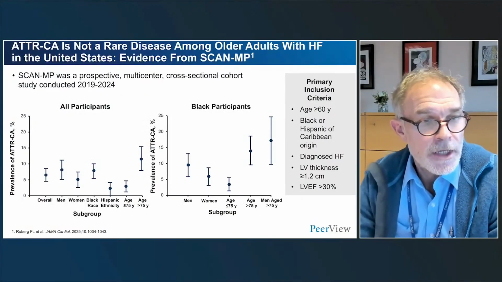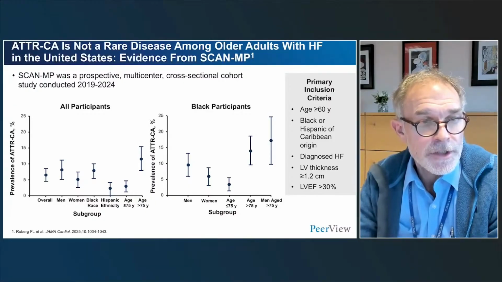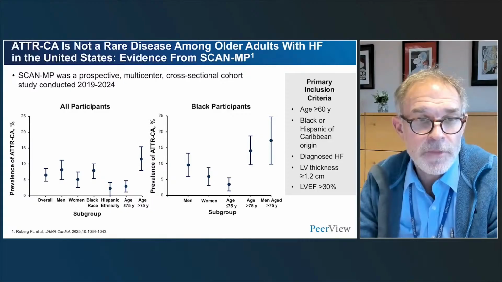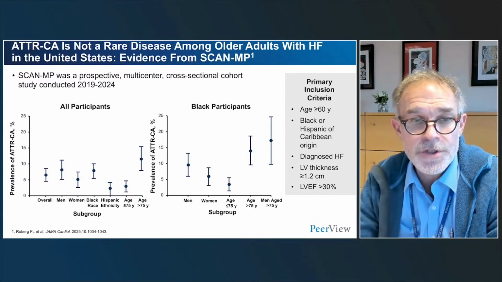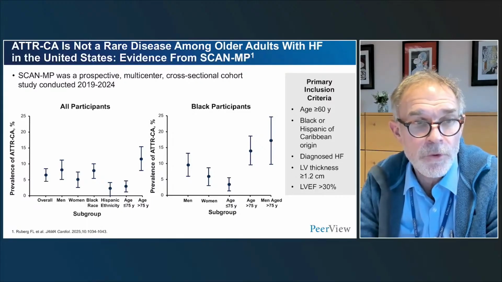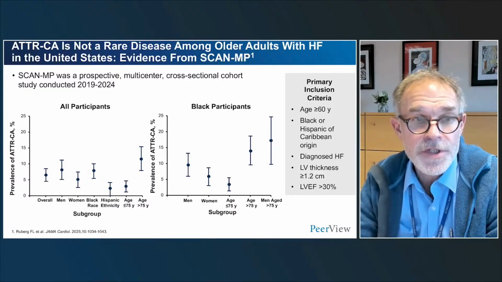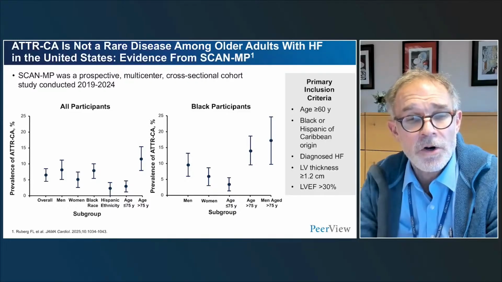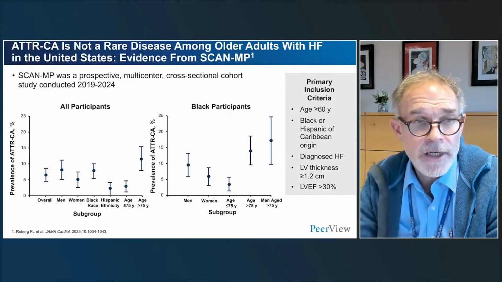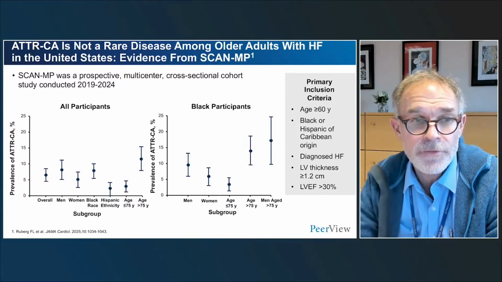So this is a study that was conducted by Dr. Ruberg, SCAN MP. It was a prospective multicenter cross-sectional cohort study conducted between 2019 and 2024 in the US. And the primary inclusion criteria were age over 60, Black or Hispanic origin, diagnosed heart failure, and an LV wall thickness of at least 12 millimeters with an LV ejection fraction of more than 30%.